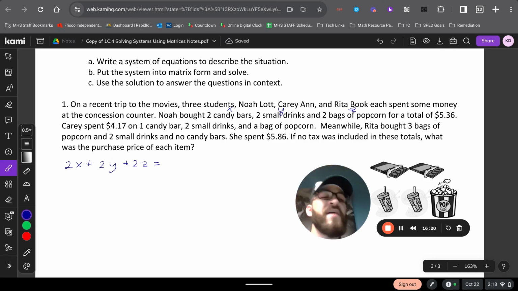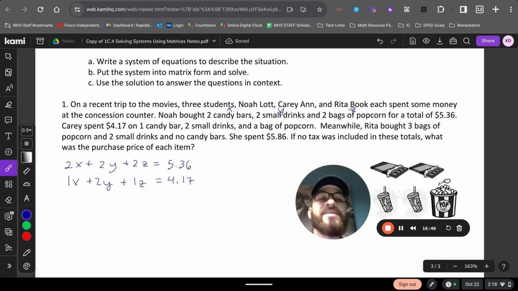And that cost $5.36. Okay, then our second child, Carrie, she spent $4.17 on 1 candy bar, 2 small drinks, and a bag of popcorn.